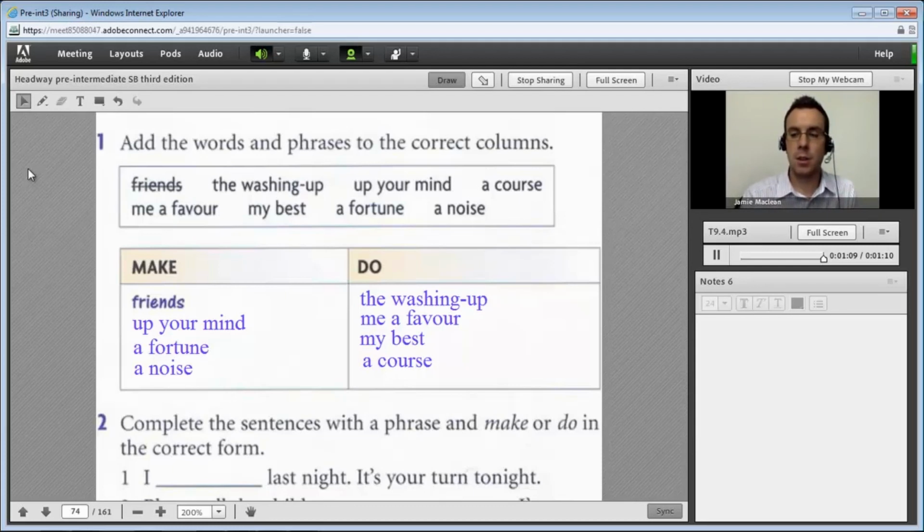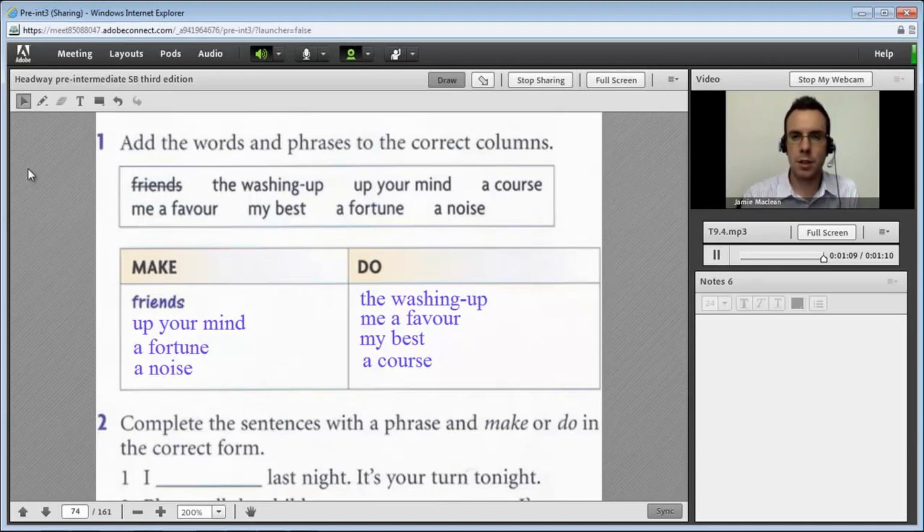And the next one is do. Do the washing up. This is when you clean the dirty dishes and plates and spoons and forks that you use for eating. Do me a favor. It means help me with something quite small.